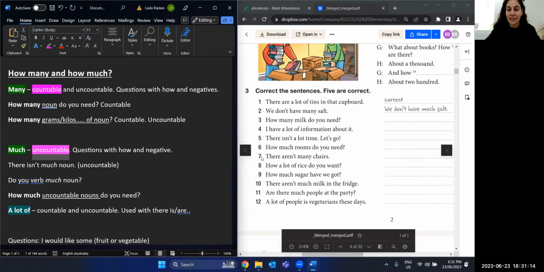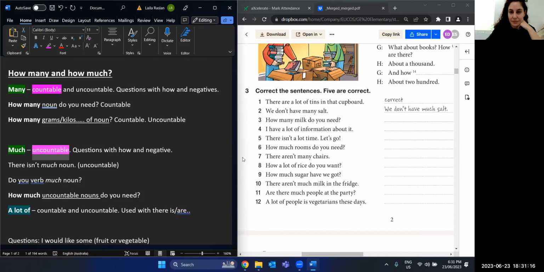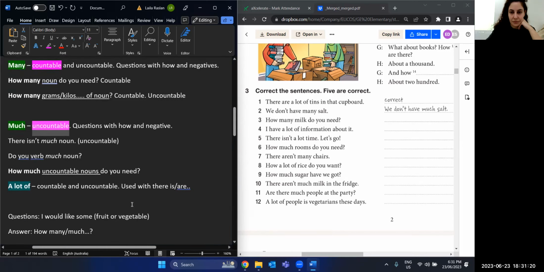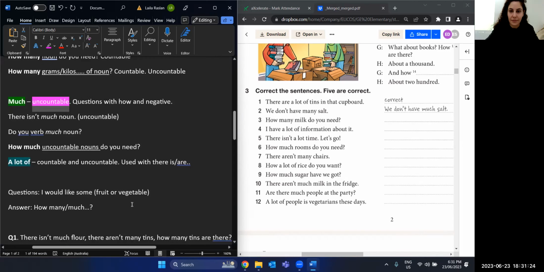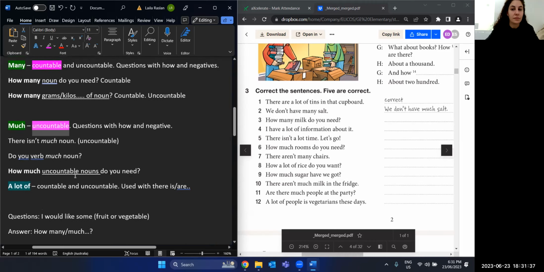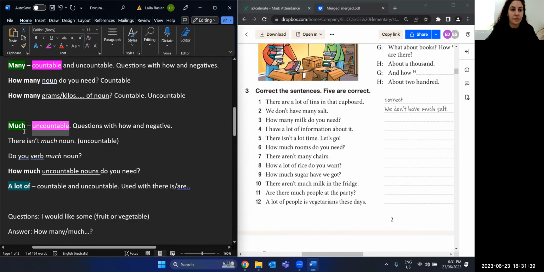7, Letizia. Yeah, there aren't many chairs in the room. Yep. 8, Andres. Oh, no, we never say how a lot of.